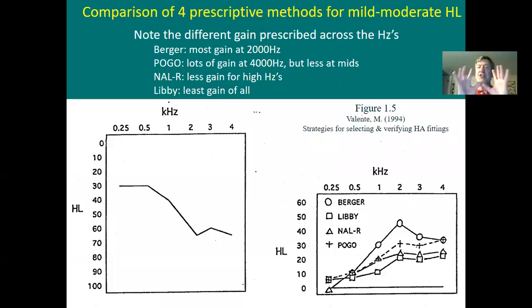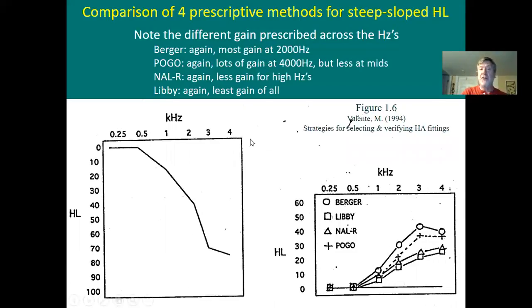I'm going to finish today in about 2 minutes, just to compare those 4 methods we talked about for a hearing loss looking like this. Berger, Libby, NAL, Pogo, look at the differences. All of them based on the half gain rule, still the differences.